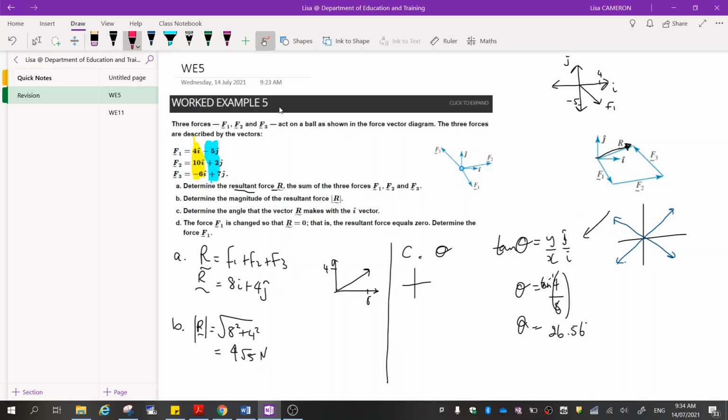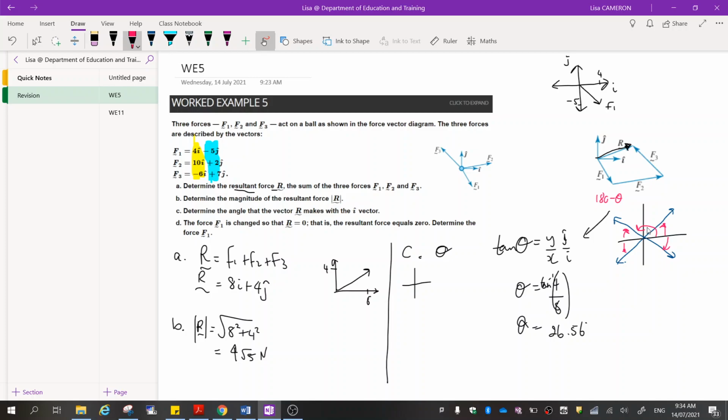The black is the axis. The angle that this formula will give me is always the angle from the x-axis to the line. Okay, so because my angle is in here, I can say that the angle is actually 26.56. If it was over in this one, I'd have to do 180 minus the angle to find what that is from there to there.